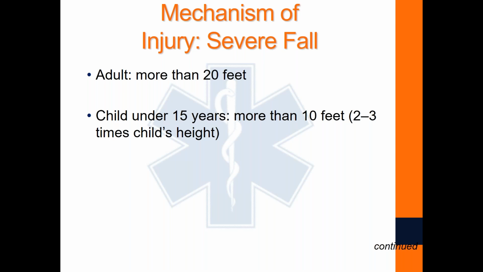A fall from something like a changing table is actually a significant fall with a severe mechanism of injury, because 2 times that is under 4 feet. 3 times that is just over 5 feet. So a fall from just something that doesn't really look altogether that significant can cause some pretty widespread and nasty little traumas in our pediatric patient.